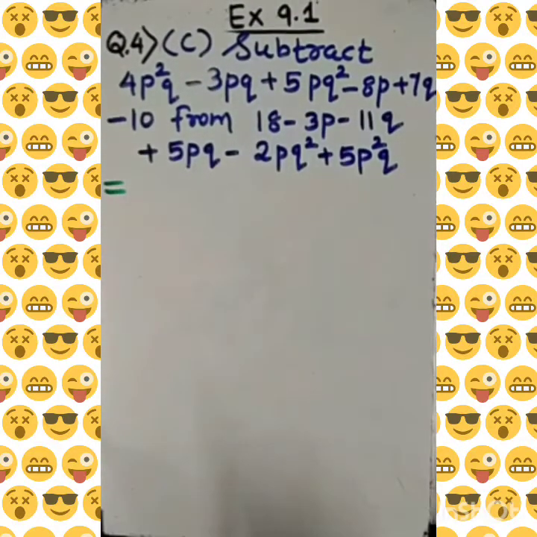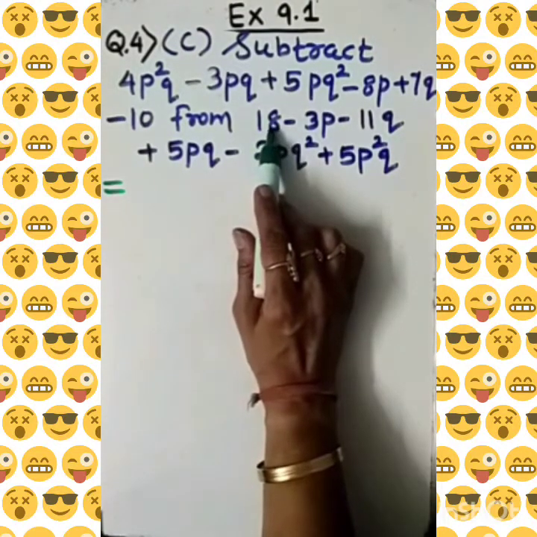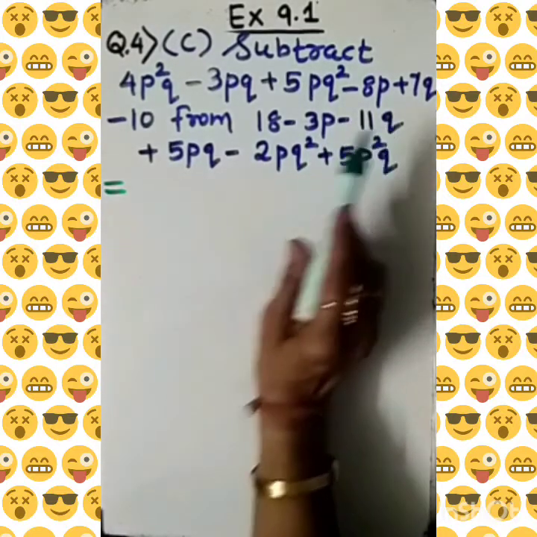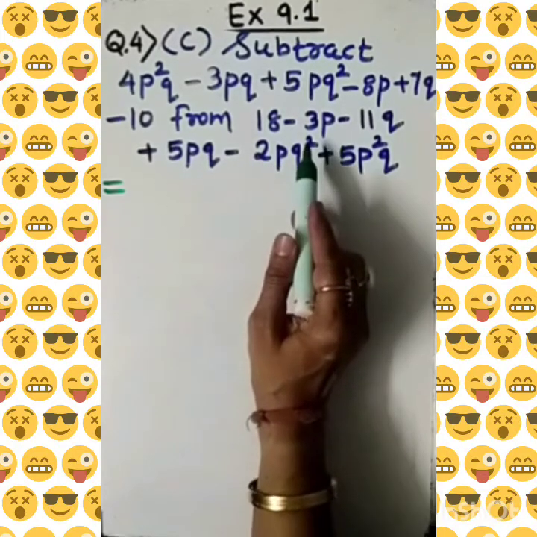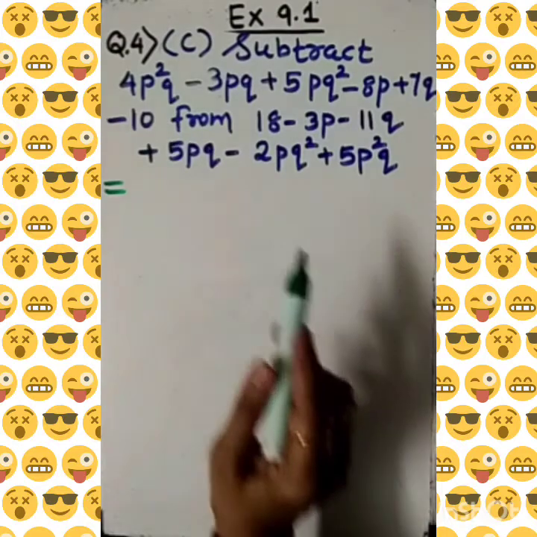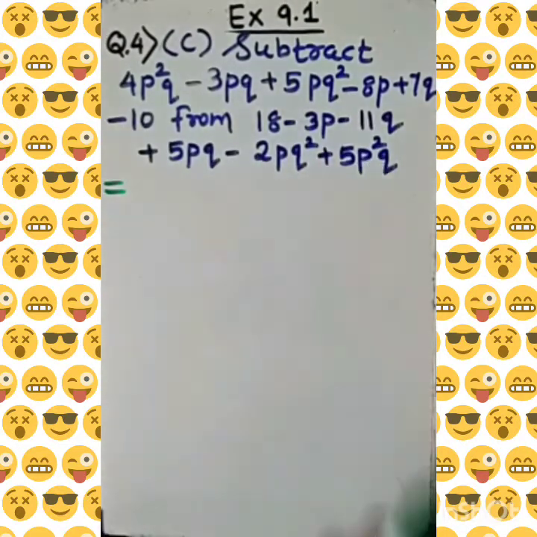So it is a polynomial. And what is the second expression? 18 minus 3p minus 11q plus 5pq minus 2pq square plus 5p square q. Here also in this expression 1, 2, 3, 4, 5, 6 terms are there.